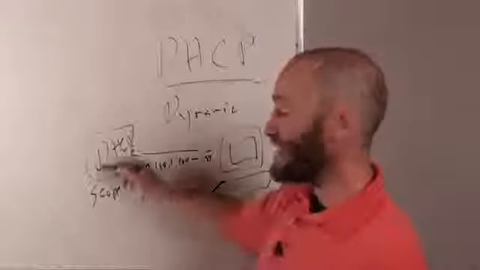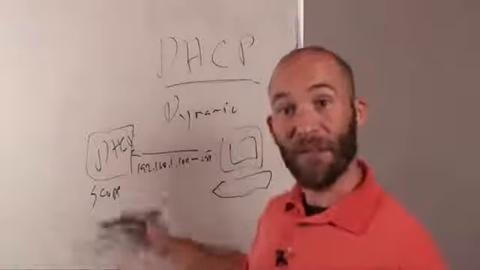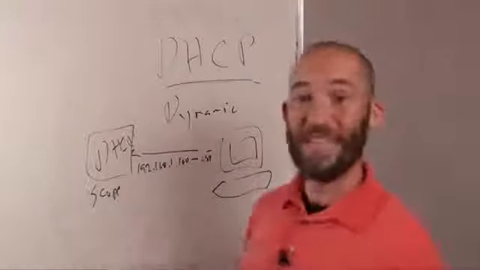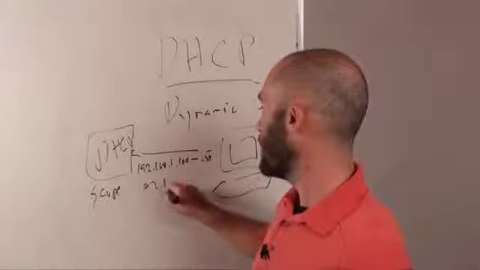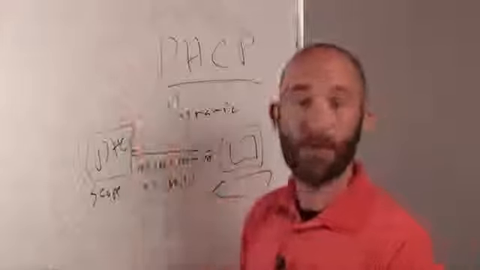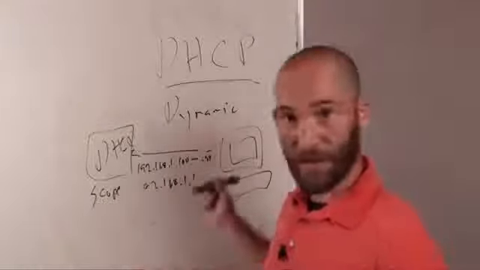You will then tell it what the subnet mask is. Again, we're going to go into this in a few minutes. And you would say 255.255.255.0, a Class C subnet mask. You would tell it what default gateway you want it to give computers, so 192.168.1.1. This is the router, so how they're going to communicate with the outside world. And then what DNS servers you want to tell the computers about.